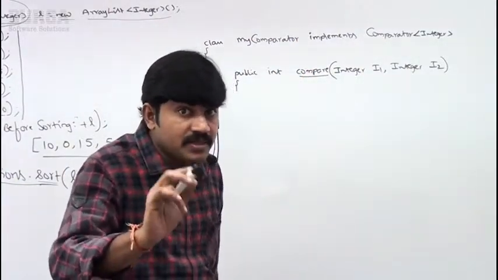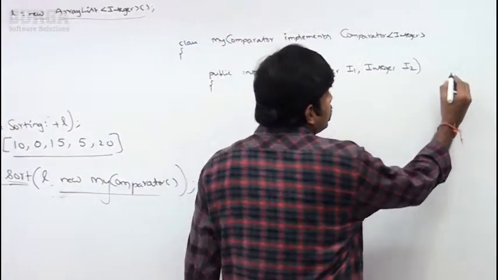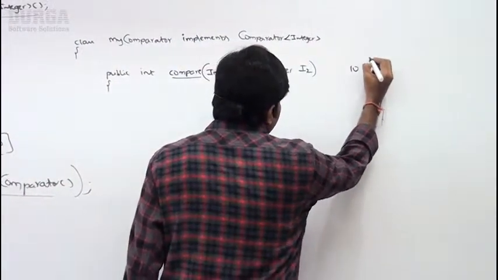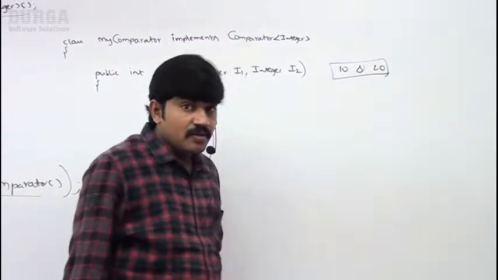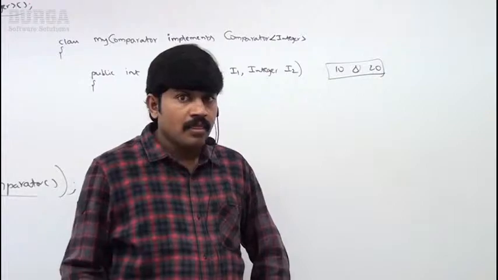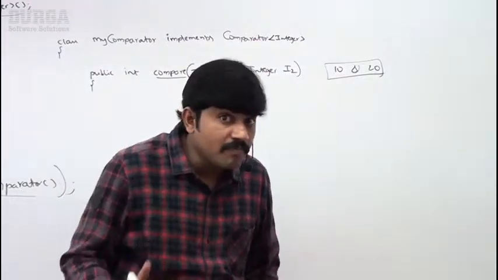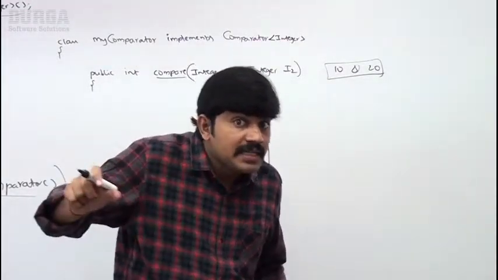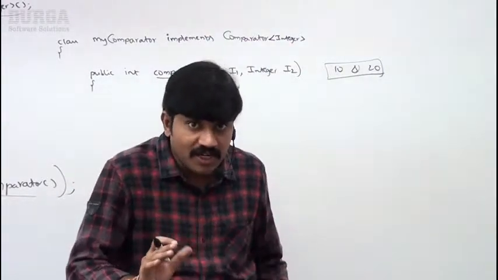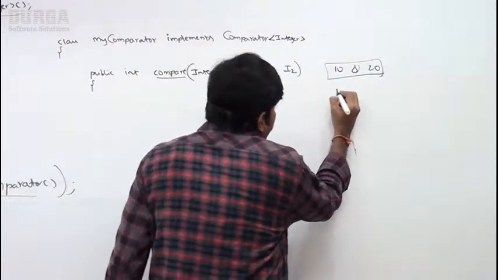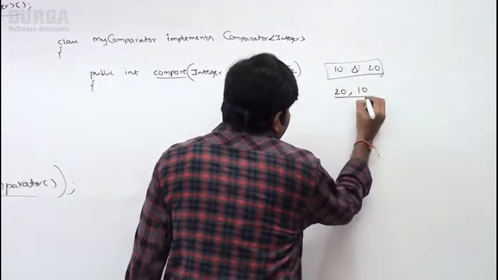Descending order means, suppose 10 and 20 are there. In descending order, which one will come first? Descending order means higher value first and then smaller value next. That's why here 20 comes first and then 10.